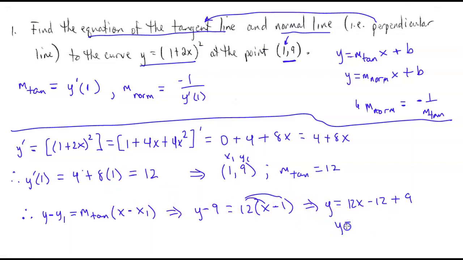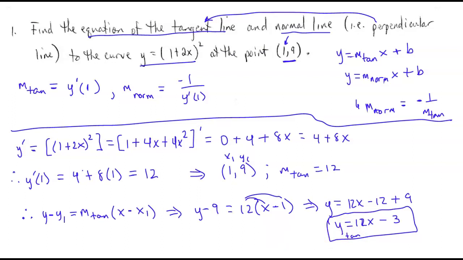And that would be y is equal to 12x minus 3. And I just want to make sure I did all the math right here. Yep, so that would be 12x, and that's minus 12. And then this would be a plus 9. Yep. So this would be our equation of our tangent line.